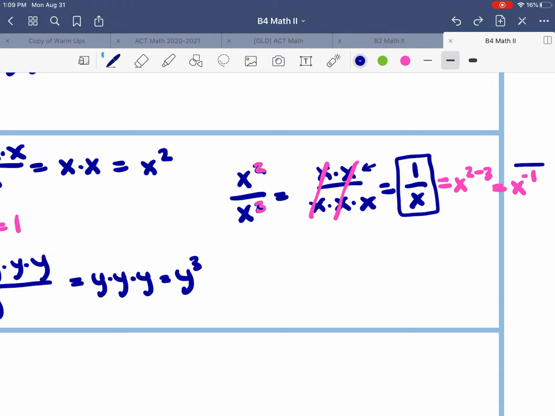Both of those are correct, and they actually are equivalent. So we will talk about why that's true later. Just keep that in mind, that the rule says you get x to the negative 1, and just canceling says you get 1 over x. So just be wary of where your extra x's are. It might be in the bottom and it might be on the top, but just make sure that you know where they are and that they stay there.